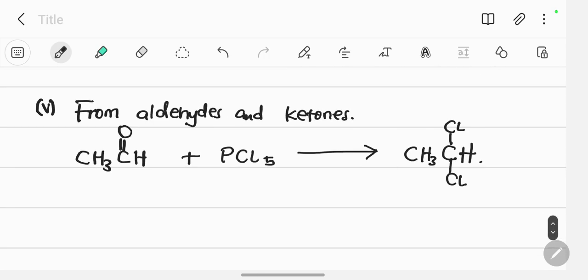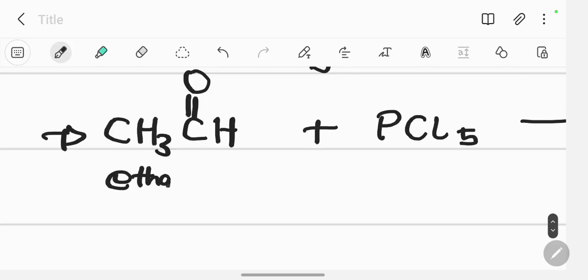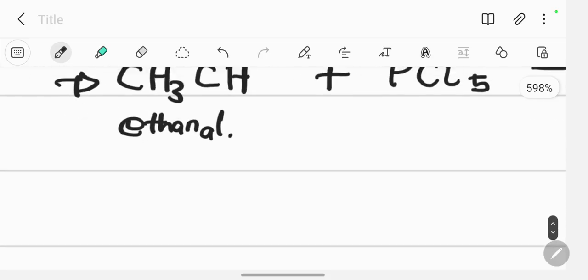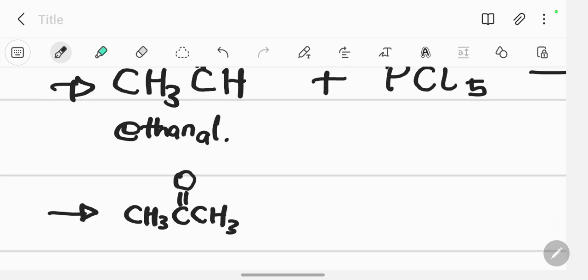So I have used an example of an aldehyde, which is ethanal. Then the other example I'm having is for a ketone, which is propanone, CH3, O, and CH3.